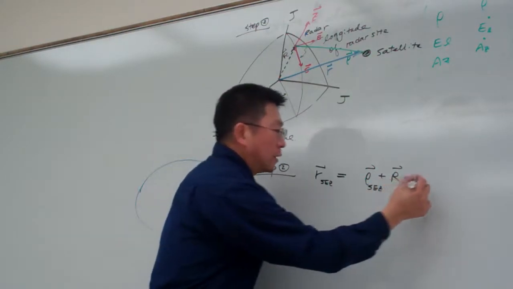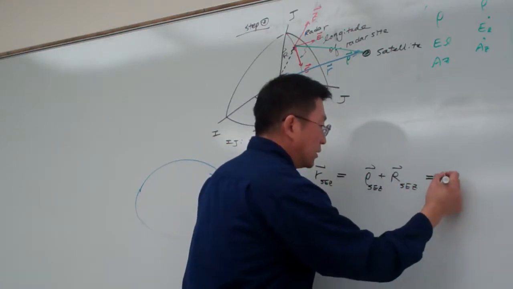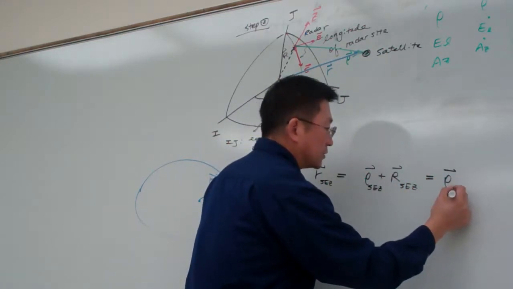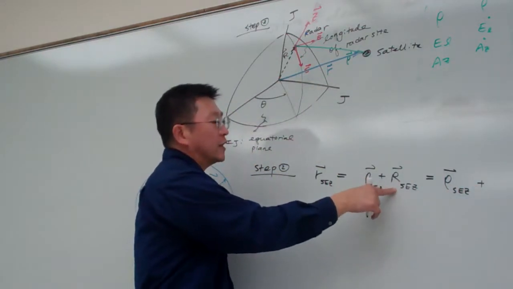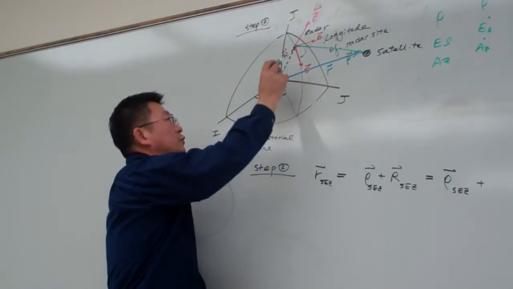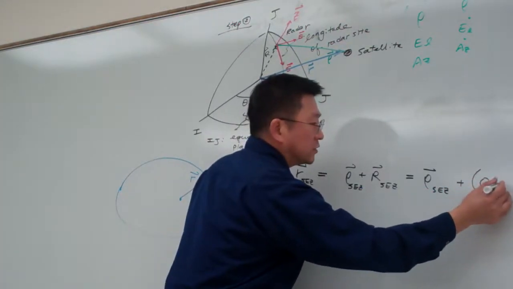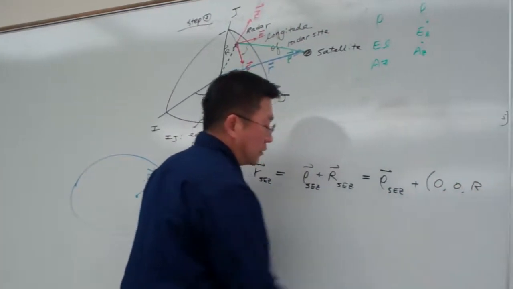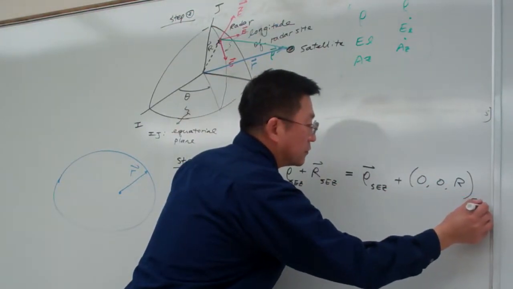Now compared to this one, this is SEZ. And what is R? R is simply this vector, measured in the SEZ coordinate system. Basically R can be expressed as 0, 0, and R in SEZ.